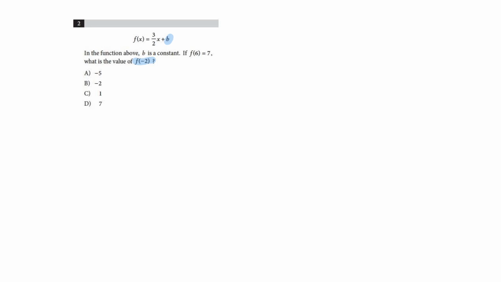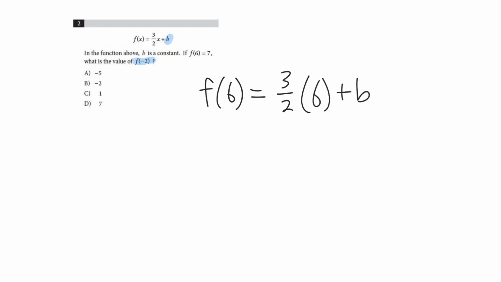We know that f of 6, we put 6 into our function, we know we're going to get 7. So I'm going to put 6 into our function here, and I know this is going to be 7. I'm going to multiply this across. We get 18 over 2 plus b.